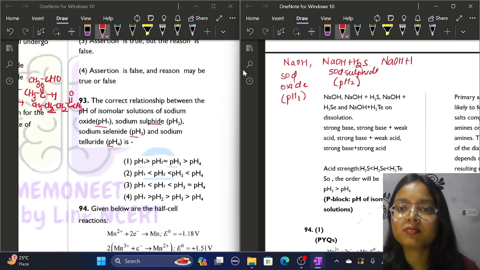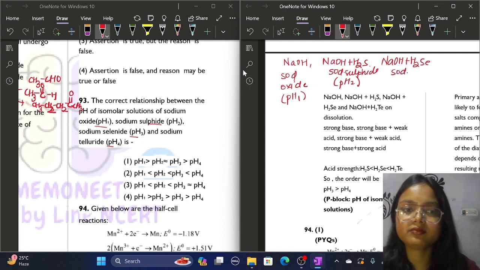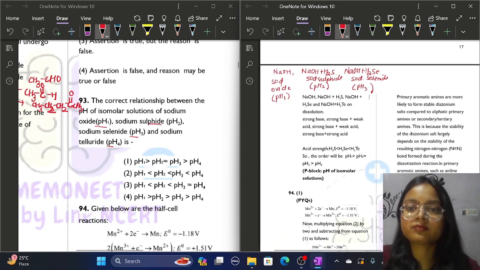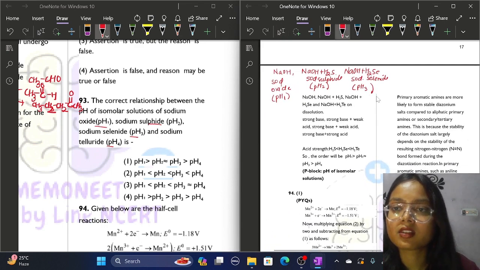NaOH plus H2Se, this is sodium selenide having pH 3. And this is NaOH plus H2Te, this is sodium telluride having pH 4. Okay.